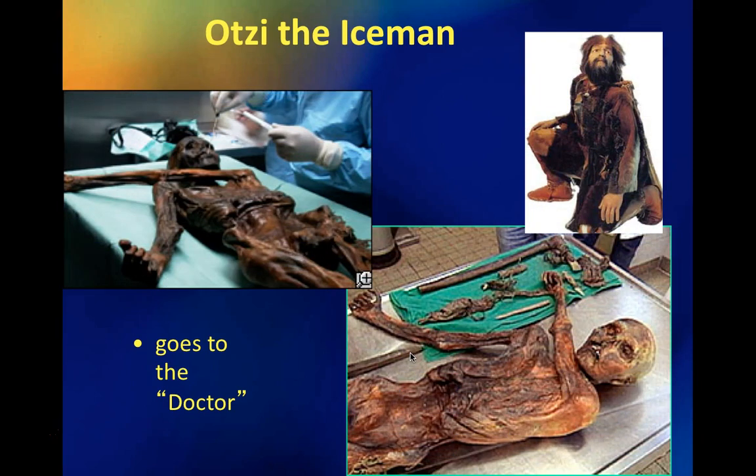Every so often, Otzi is evaluated. In fact, a whole museum, a whole facility has been established to preserve this very precious resource. Proper environmental controls are maintained, as well as scientific study and evaluation of all of the materials that belong to this fellow.